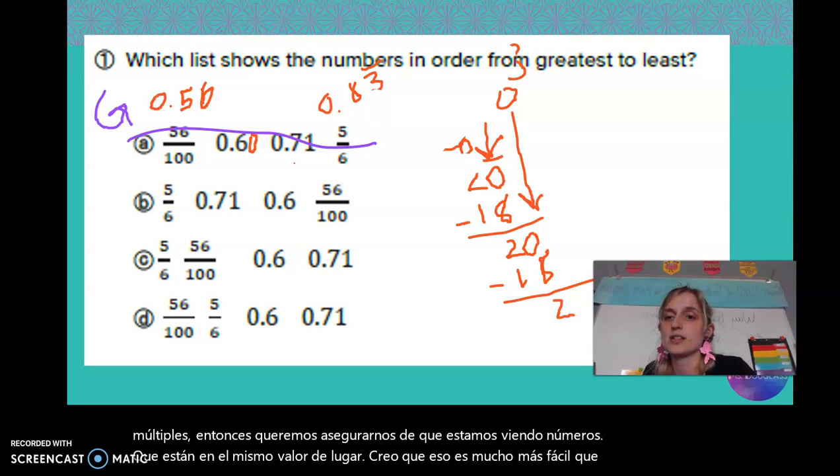The biggest of these 4 numbers, 56, 60, 71, and 83 hundredths, is 83 hundredths, so the 5/6 should be coming first, like it is right here. The smallest is 56 hundredths, so it should be last. 71 hundredths is not the smallest. So your answer is B.